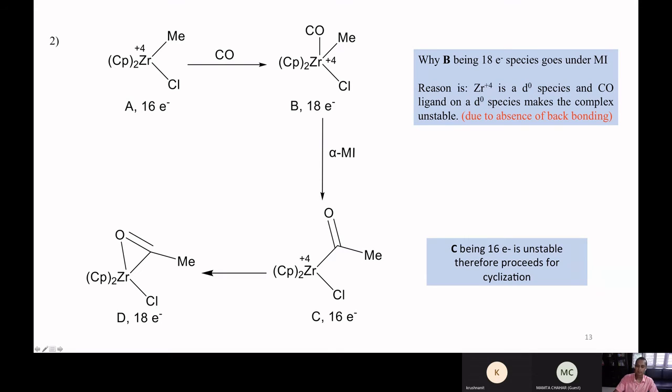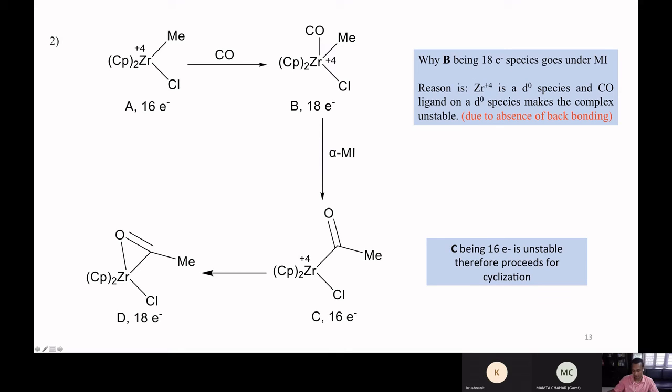Okay, but the problem here is, as I said, zirconium does not have any electron left on it to backdonate or to stabilize the carbon monoxide. So what happened? Although it goes from 16 electron to 18 electron, and this should be a little bit stable molecule, it is not, because zirconium cannot stabilize this CO complex.